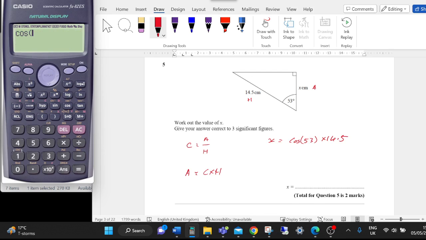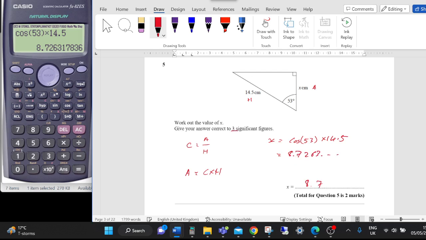So I'm doing cos of 53 multiplied by 14.5. And that gives me 8.7263... We want it to 3 significant figures. So I'm going for 8.73. And we've got fairly straightforward A1 for the answer, and then method mark if you've got that line there.